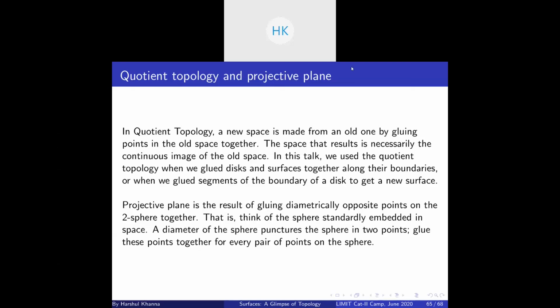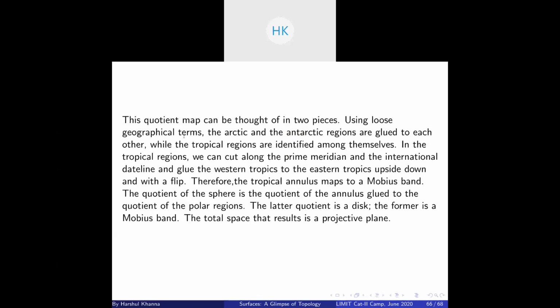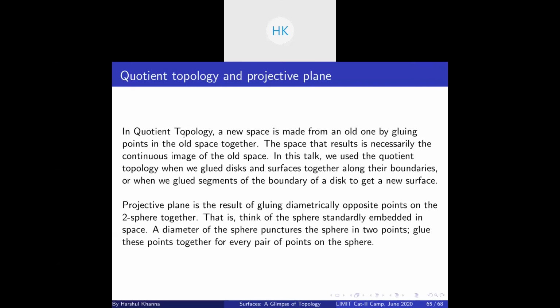Let's not talk about it, I'll talk about it in my hyperbolic geometry talk on Friday. So this quotient topology is basically giving us a new space by gluing points from the old one. So the space that results is necessarily the continuous image of the old space.